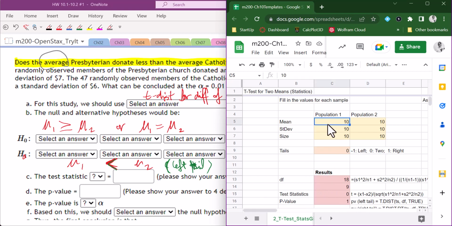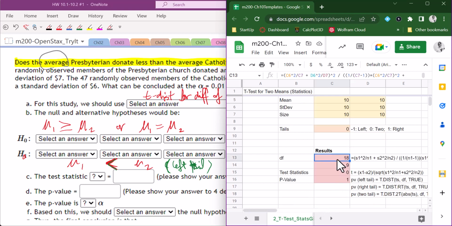We have a set of population information for population 1 and 2. We're looking for the mean, standard deviation, and the sample size. We need to identify the tail so that we would know how to compute the p-value.